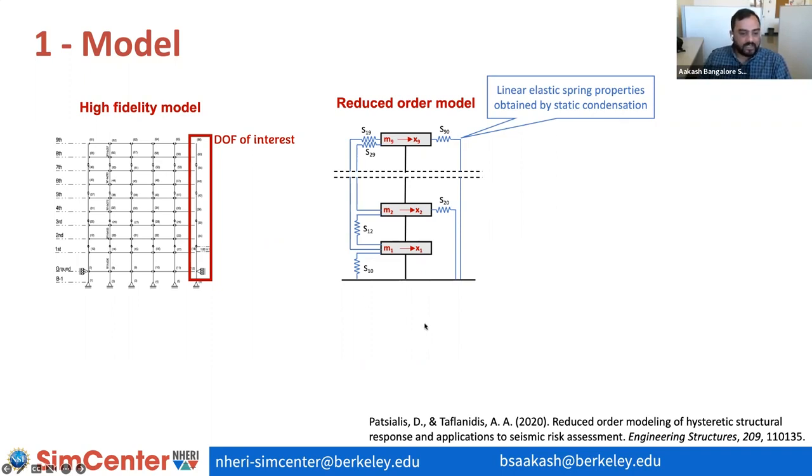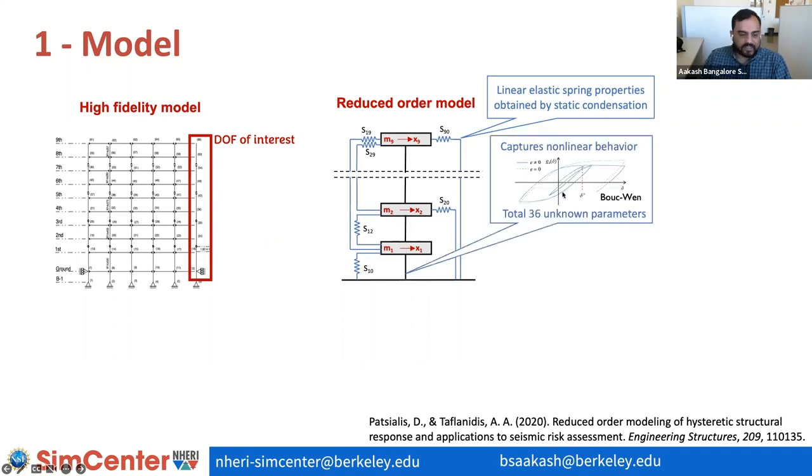Now, in order to also match the nonlinear response well, we will replace the 9 springs that connect adjacent degrees of freedom by nonlinear springs, which have a quoFEM material model. So the parameters governing the elastic response of these springs are still the same as before, but there are 4 additional parameters per spring that govern the nonlinear response of each of these springs.